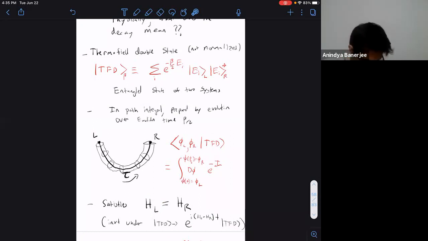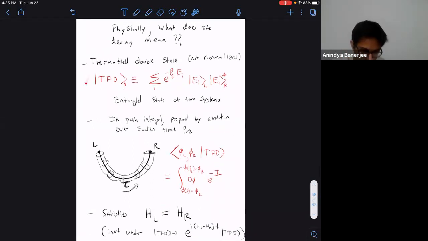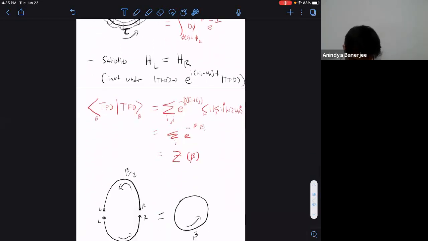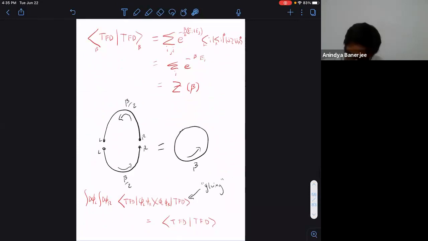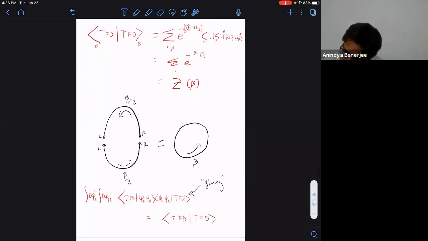So far I've defined this thermal field double state abstractly, and I've said that it's nice in terms of the path integral. One other fact is that if we take the norm of this state and work it out, you find that it's equal to Z of beta, the partition function. There's a nice path integral way of thinking about that.